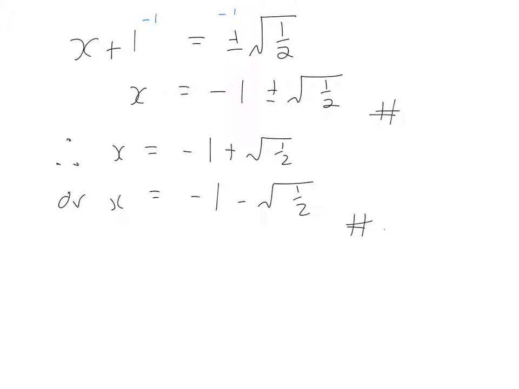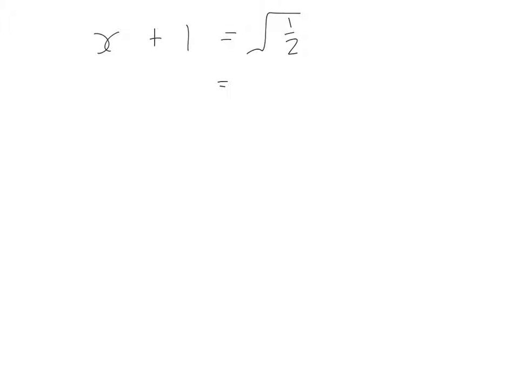Now, on a different screen, I'm just going to tell you how you could simplify that a little bit further. You don't really have to do this next step at all, but if you like things being nice and tidy, this is what you would do. Let's start off with x plus 1 equaling the square root of a half.